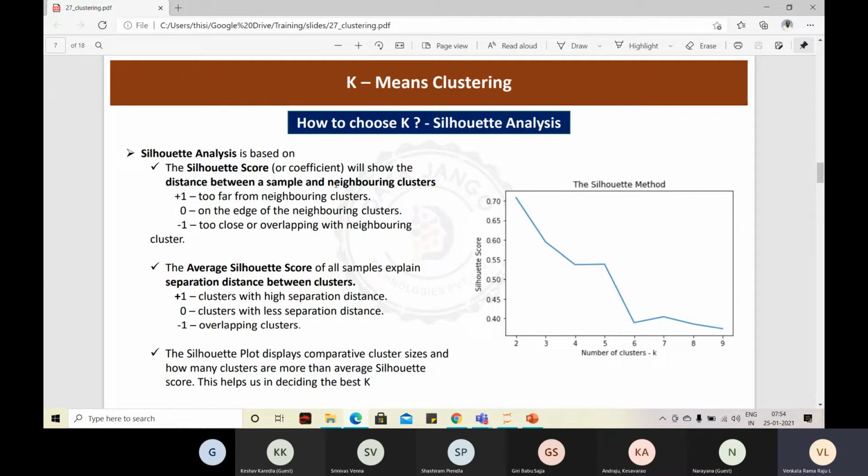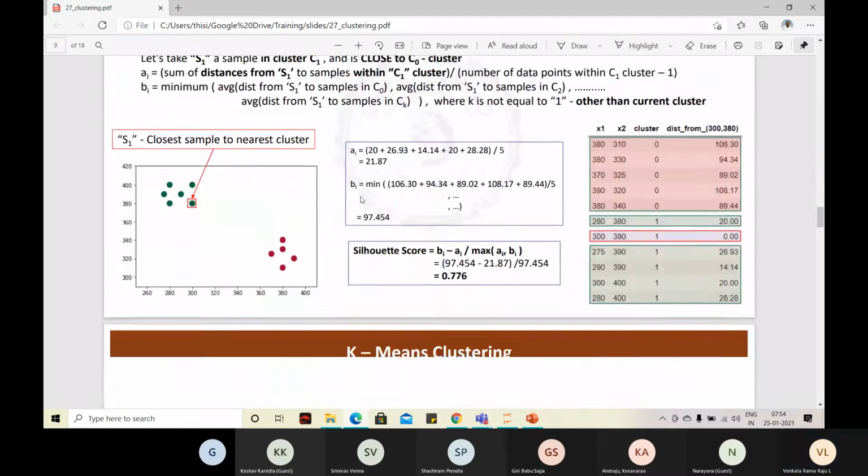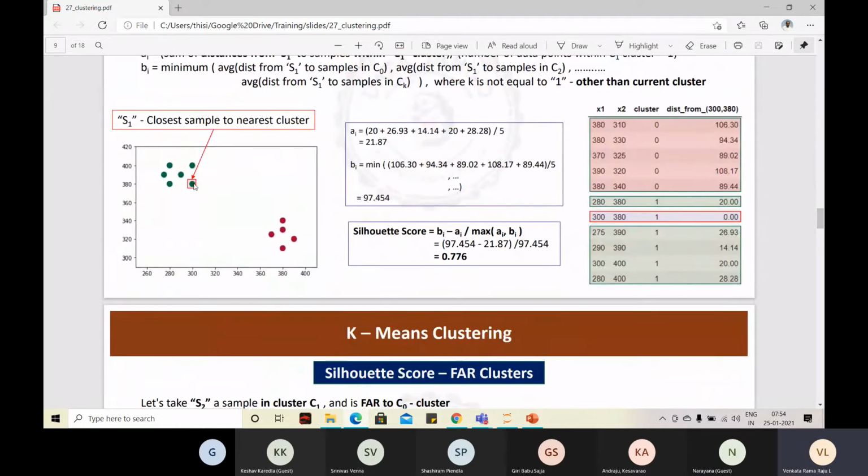I took this sample and am calculating the distance to all the data points in the neighboring cluster. Here in this example, we have only two clusters. If you have three clusters, it will take this data point and look at the distances to all the data points in that cluster and the other cluster also. If you have 10 clusters, it will look at the distances between this data point and all the other 9 neighboring clusters.